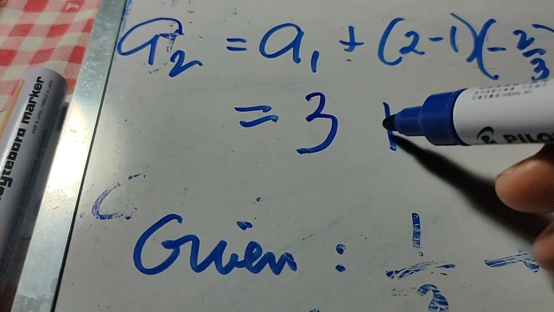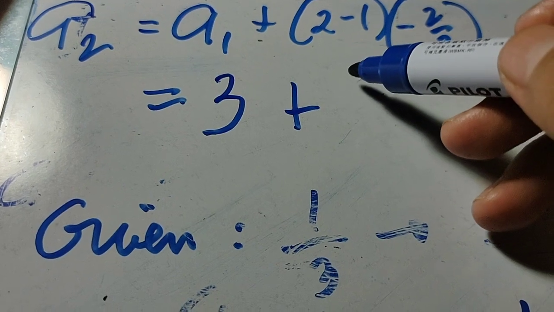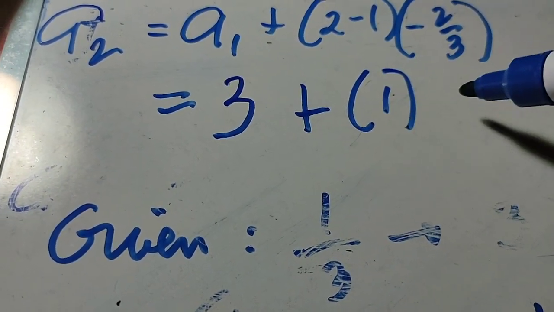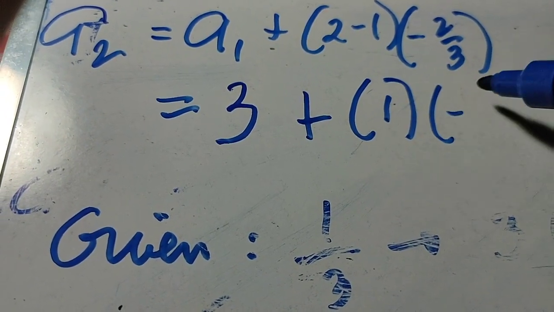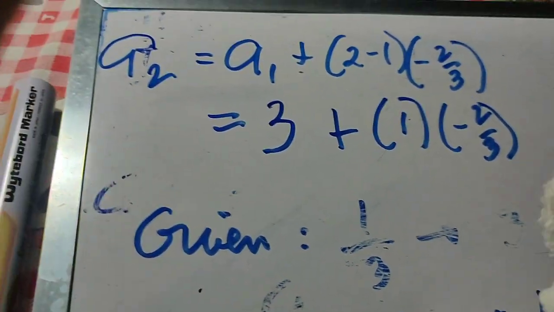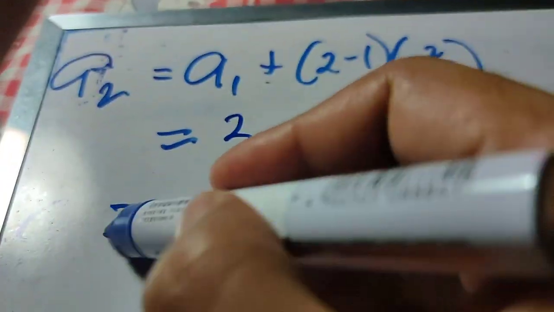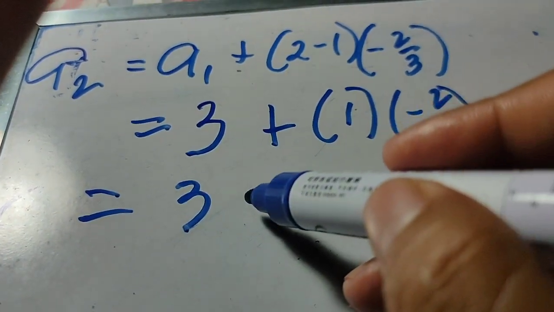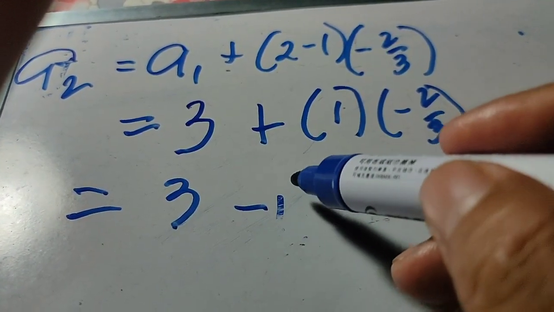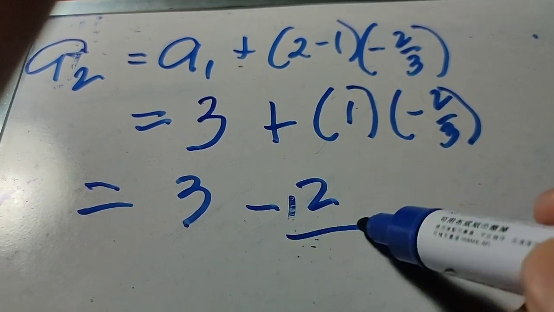So 3 plus 2 minus 1 is 1 times negative 2/3. Okay, so in this case, that is 3 minus 2/3, because 1 times negative 2/3 is negative 2/3.